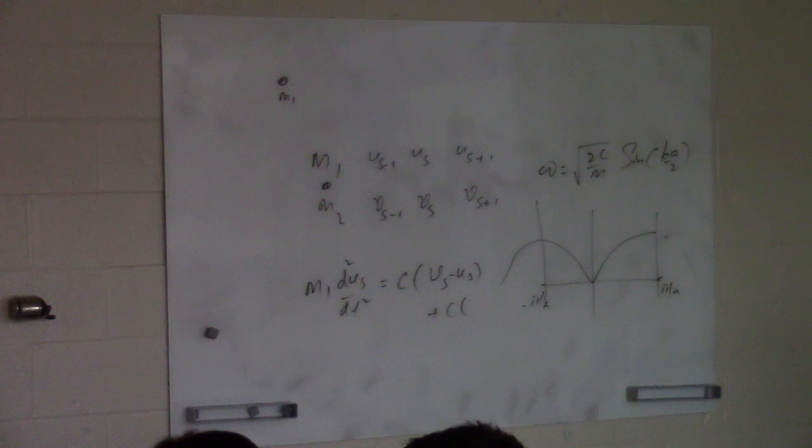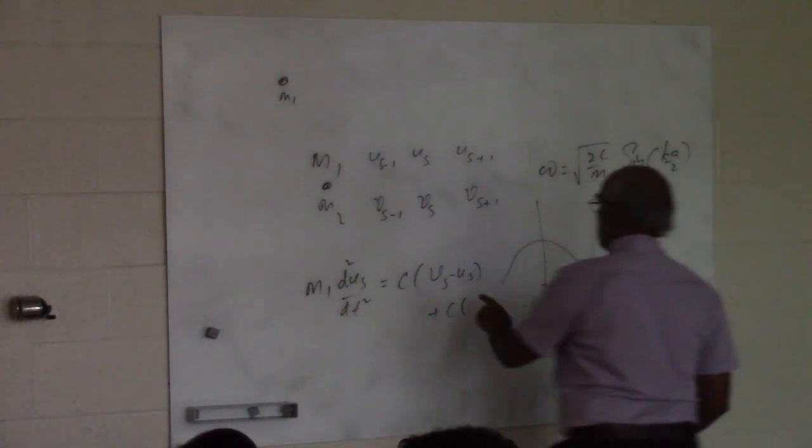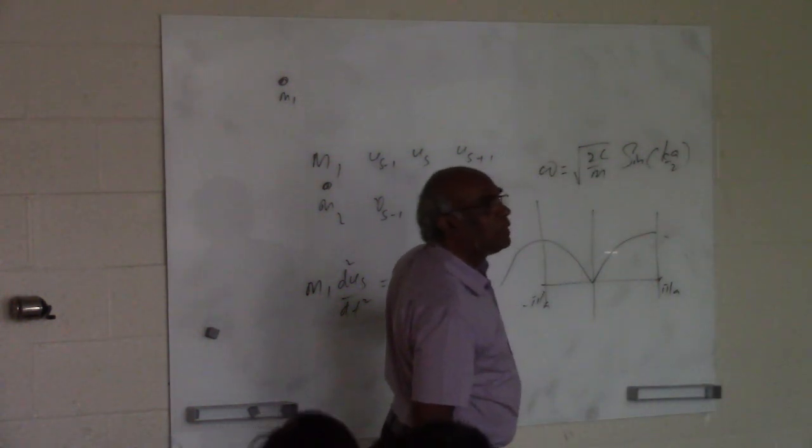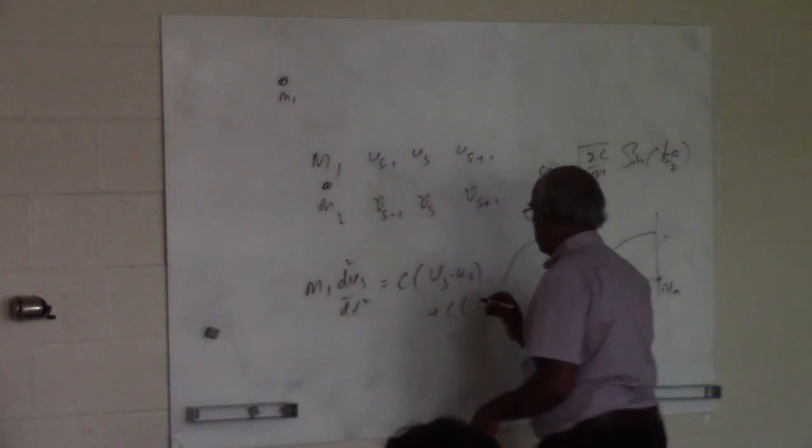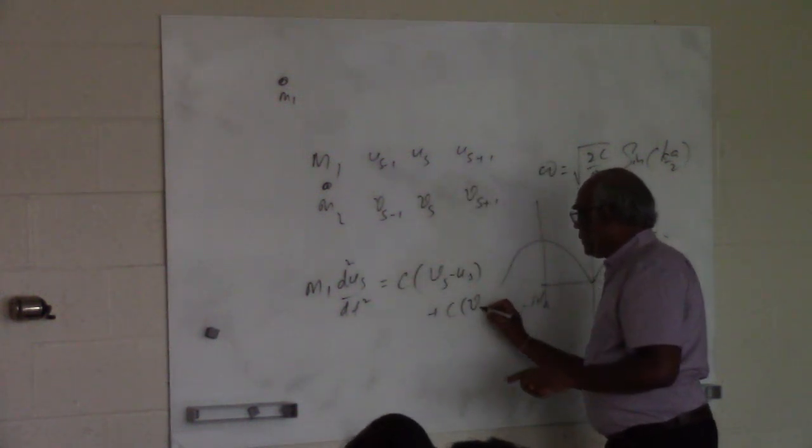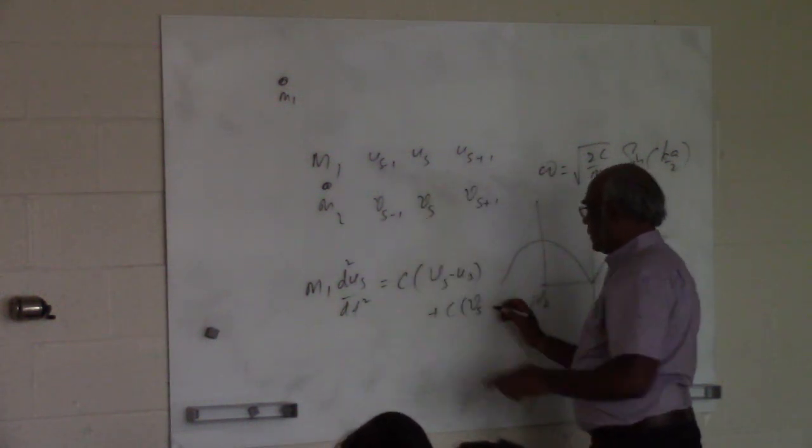So if you write it this way, you get v_s minus u_s. Then you have plus, from this side we have v_(s-1), right?